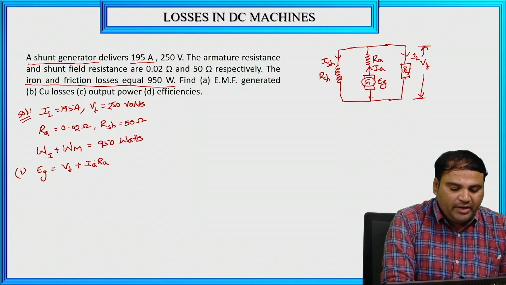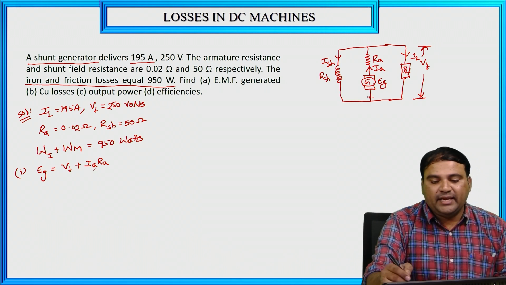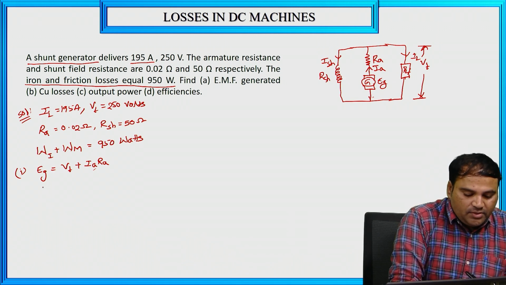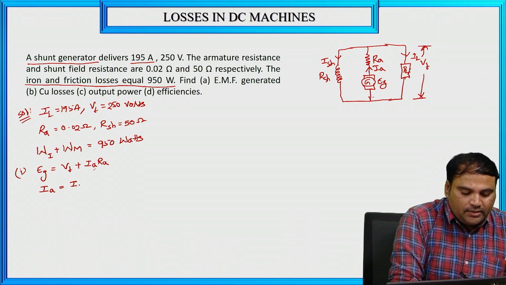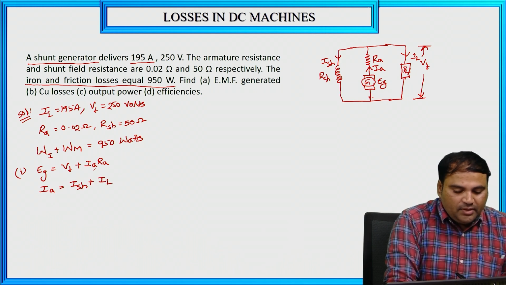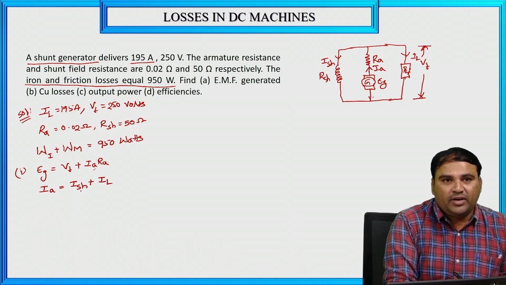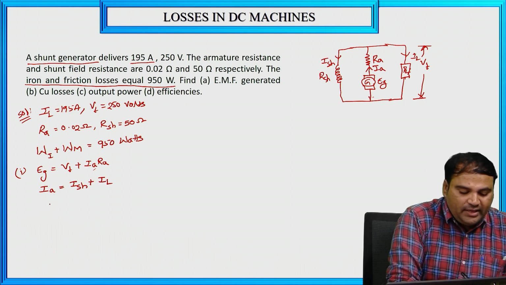Now we have to find out IA here. So from this diagram, IA is equal to ISH plus IL. So load current is there, 195 amperes. ISH, we don't know the ISH value. Now we have to find out the ISH.